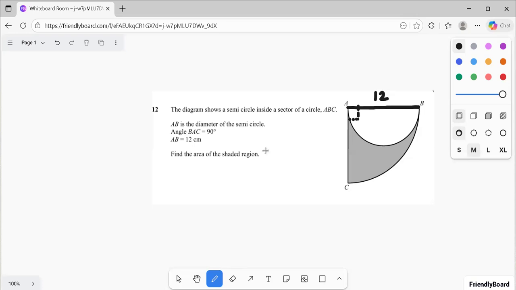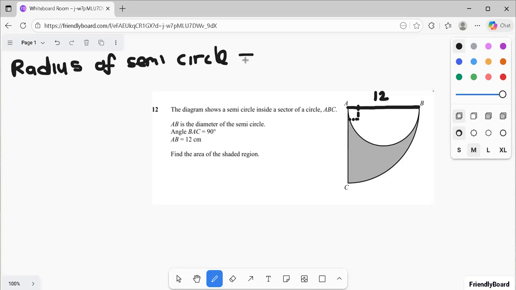All right, first things first, let's write down the most important information. So the radius of the semicircle, they say that is 6 centimeters.